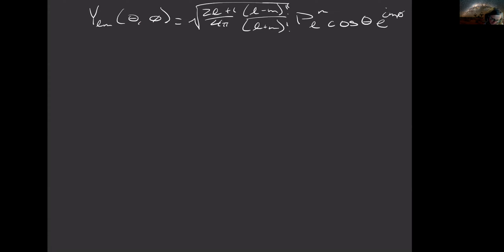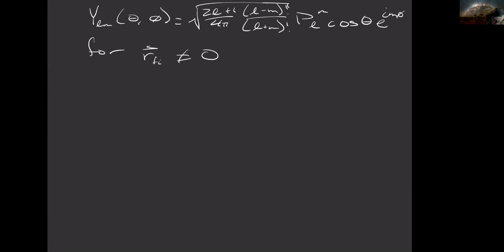So for R_fi to not equal zero, it places some constraints on the actual quantum numbers.